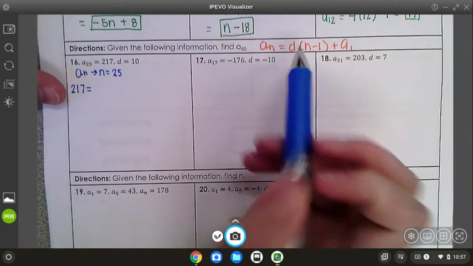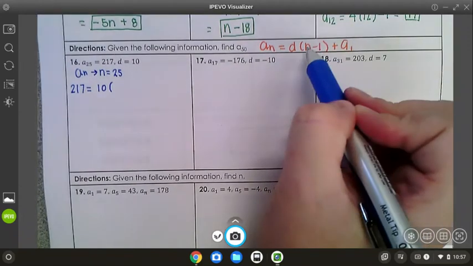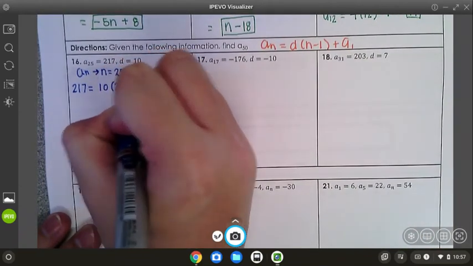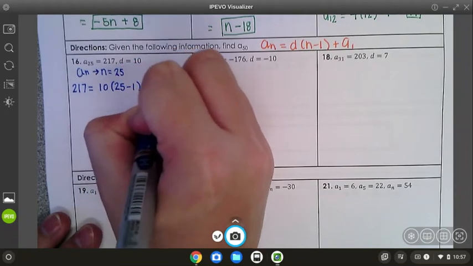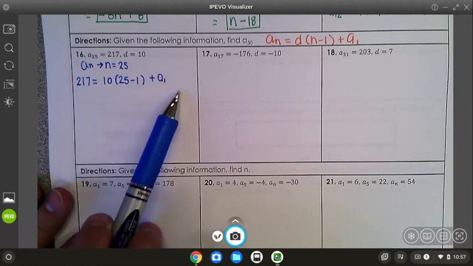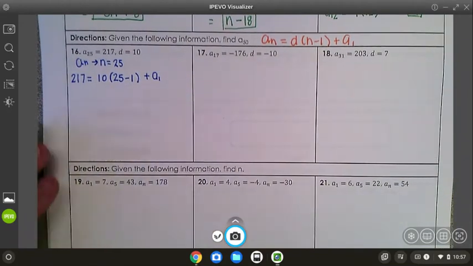And then my common difference is 10. I do know I'm going to use 25 for my n. And doing it this way, we only have one variable, a_1. So I can figure out everything else.